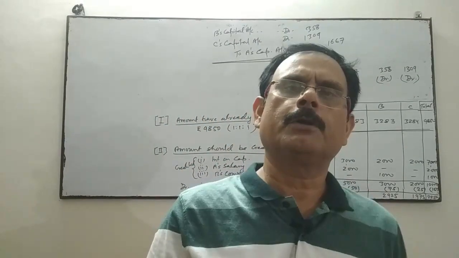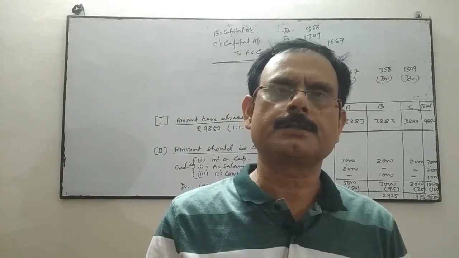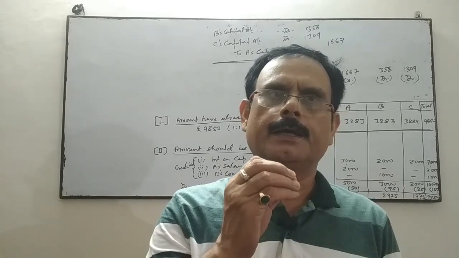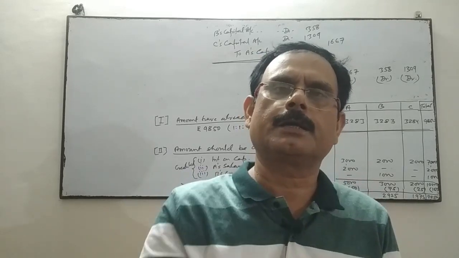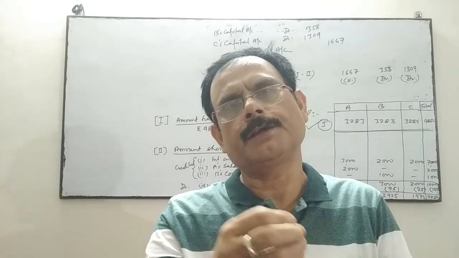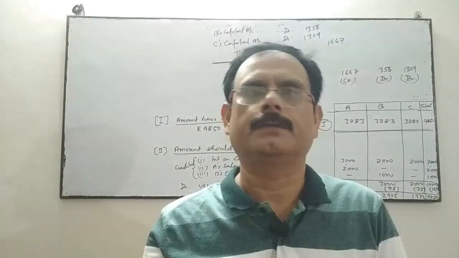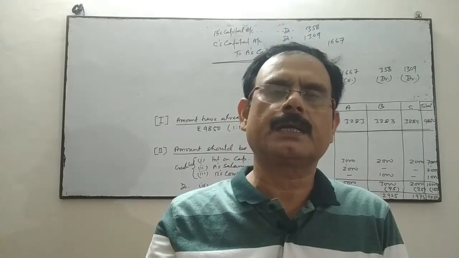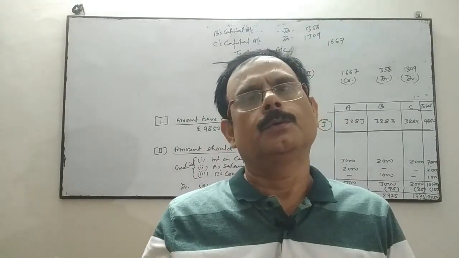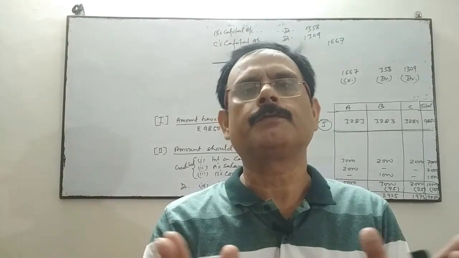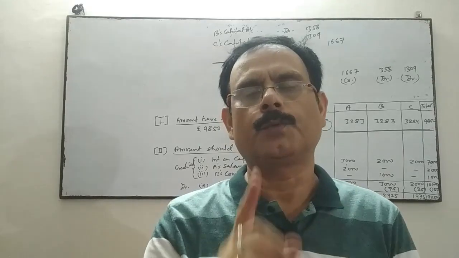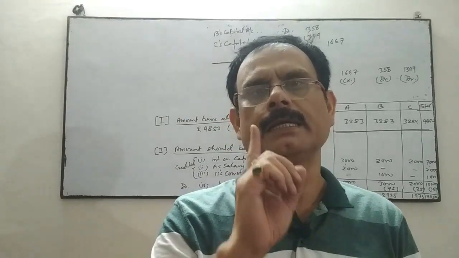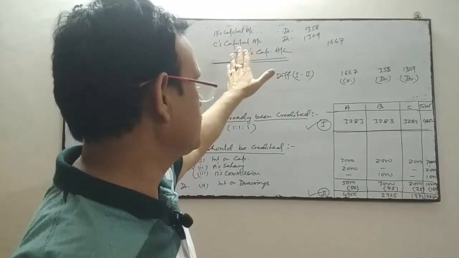We will adjust each and every error committed. We'll do the adjustment entry of each and every error separately. This is one option. Another option is, we'll see the combined effect of all errors and then we'll do the final adjusting entry, one single entry like this.